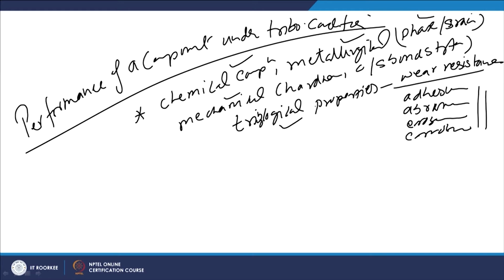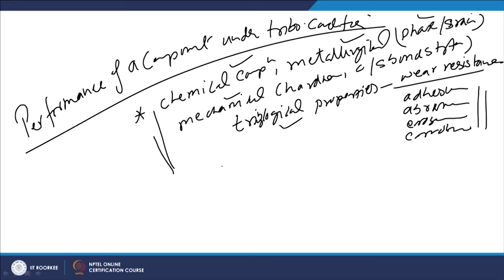So it is important that whatever properties are there of the substrate or after the modification, whatever we have realized, they are understood well so that we can achieve the expected resistance to wear for a given set of conditions. So obviously it will be important to investigate the chemical composition, metallurgical properties, mechanical properties, and the tribological properties for a given set of wear conditions.